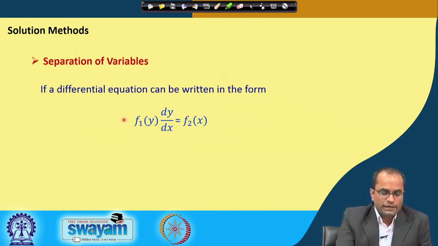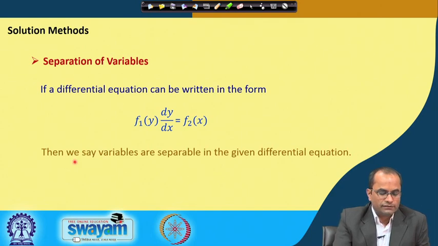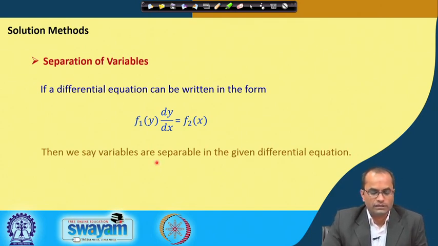So, if we can put it in such a form, then we can easily integrate these equations, and we say that the variables are separable in the given differential equation.